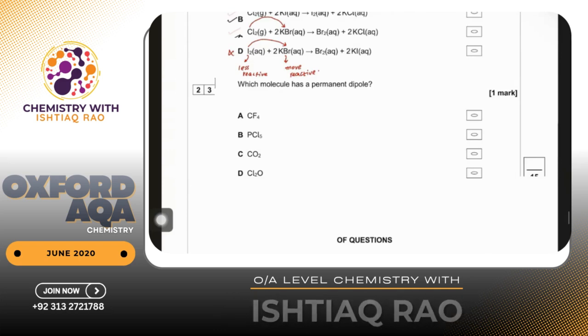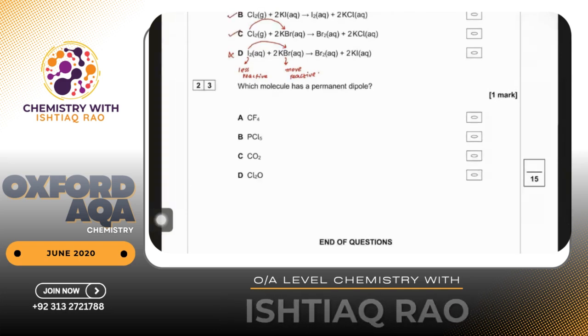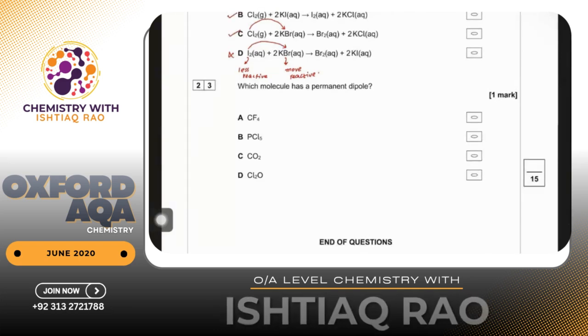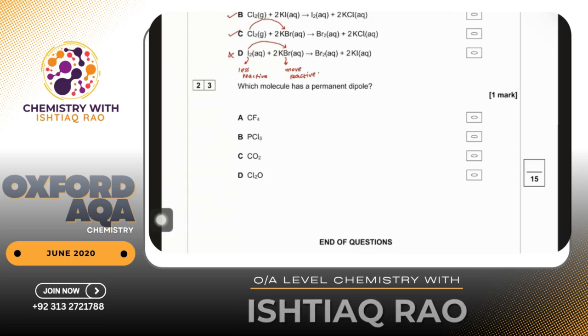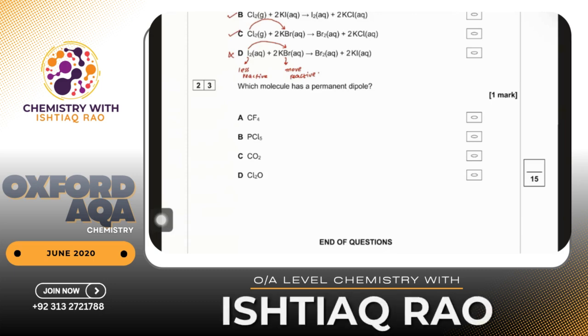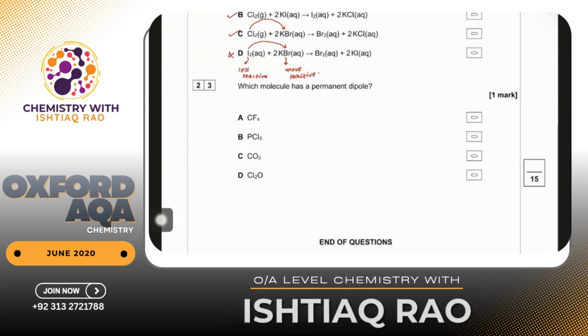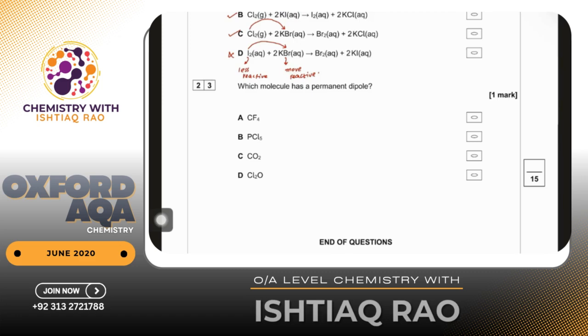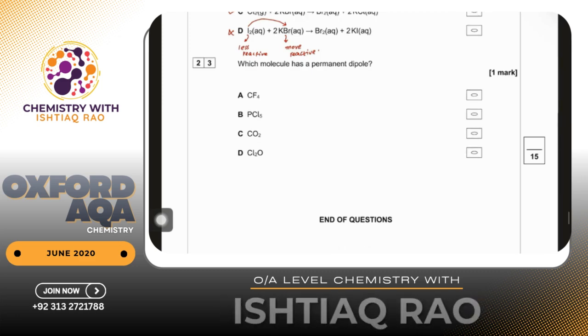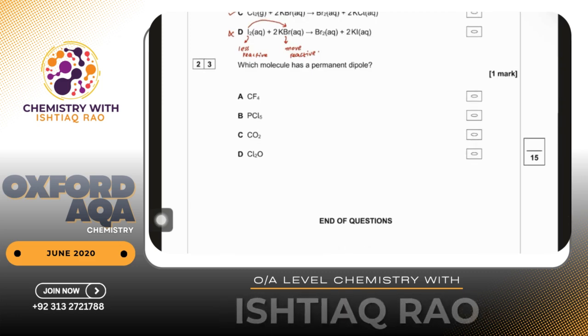Which molecule has a permanent dipole? The molecule which is not going to cancel the dipoles is going to have a permanent dipole. Simple. What does permanent dipole mean again?